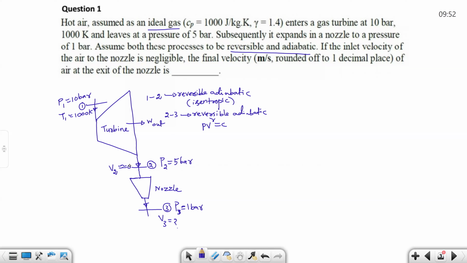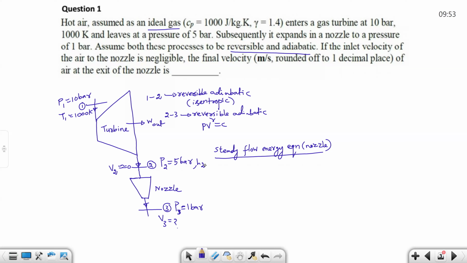So we apply the steady flow energy equation across the nozzle. Potential energy will be neglected, because nothing is said about potential energy.